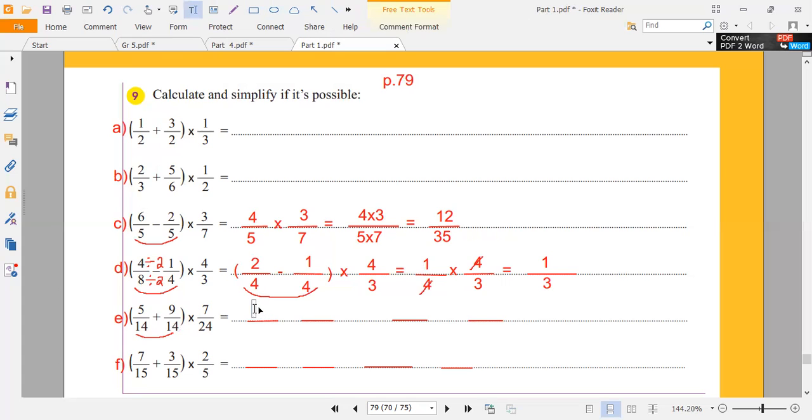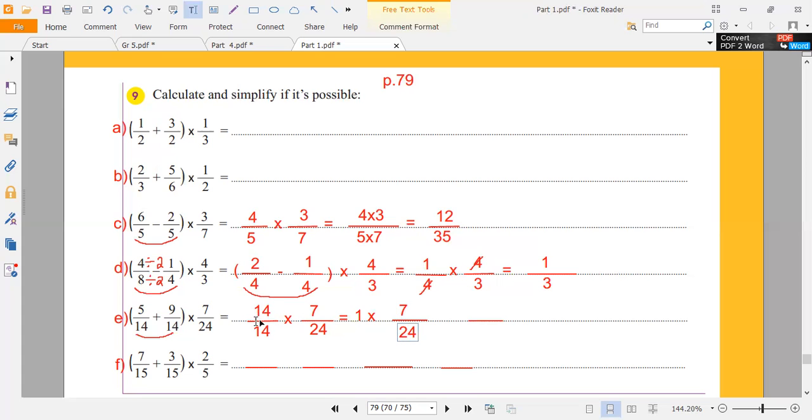We add the numerators. 5 plus 9 equals 14, and we keep the denominator, which is 14, times 7/24. But pay attention. 14 over 14 is equal to what? It is equal to 1. So now 1 times 7/24.